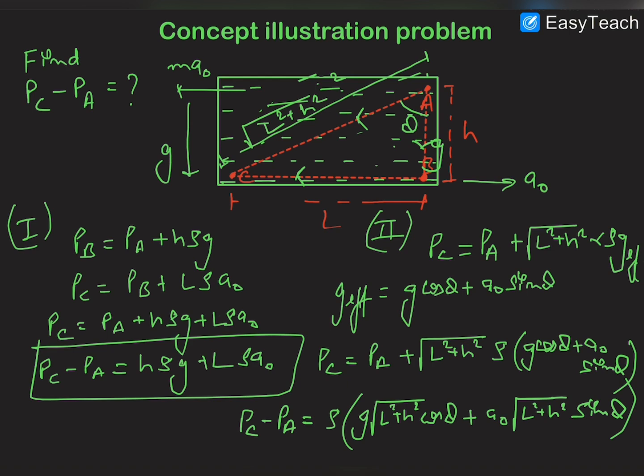And obviously under root of L square plus H square cos theta is H, and under root of L square plus H square sin theta is L. So this will be rho g h plus rho a naught into L. So this is the same result. You can solve this question by both of these methods, but obviously moving along the path is better.